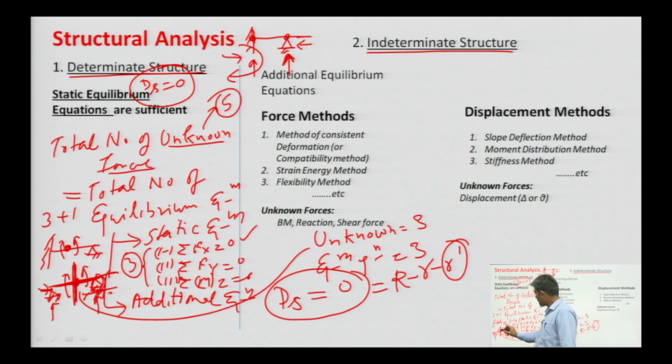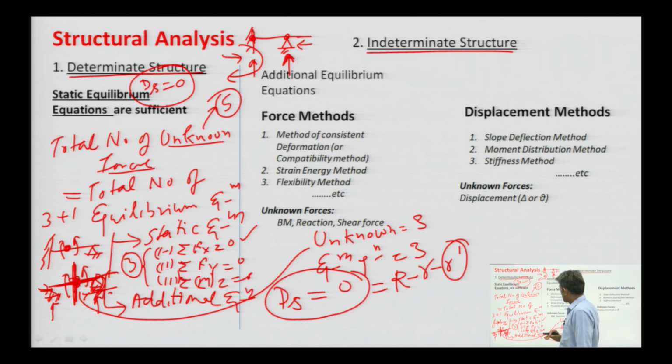In a beam, the dominant forces are shear force and bending moment. So, shear force and bending moment at any section can be calculated only with the help of the available equilibrium equations. Why? Because the number of unknowns is the same as the number of available equilibrium equations.